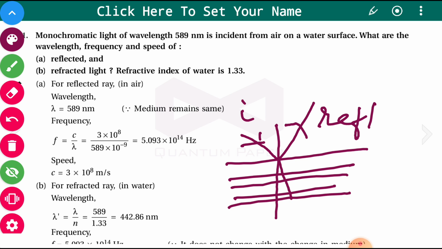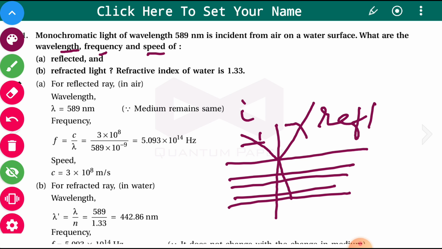Whenever the light goes from one medium to another medium, its frequency remains constant, but the wavelength and speed will change in the next medium. This is the concept. Frequency remains constant.